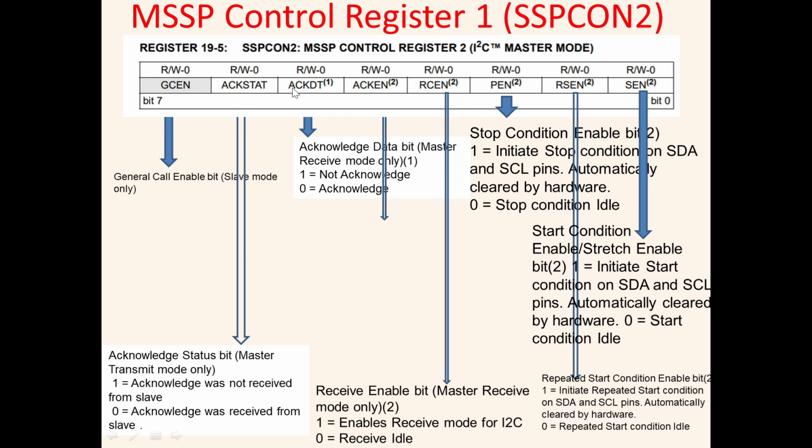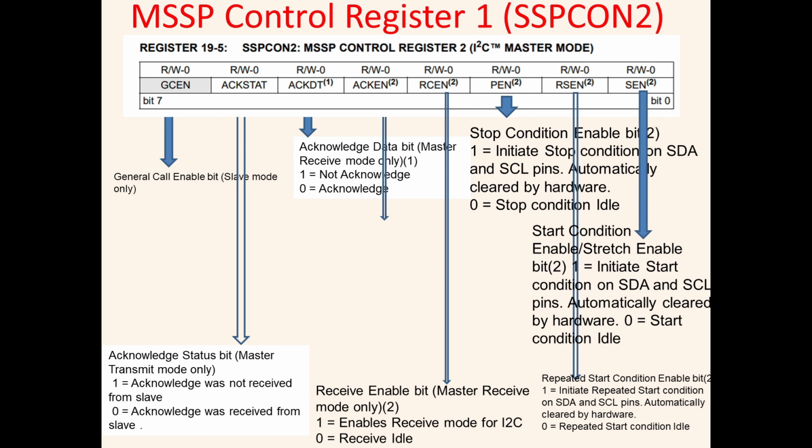Next is acknowledge DT. So this DT is nothing but the data bit. In that manner, this acknowledge DT bit is used in master receive mode. Master receive mode means your slave is sending the indication of your data acknowledgement from the slave transmission.